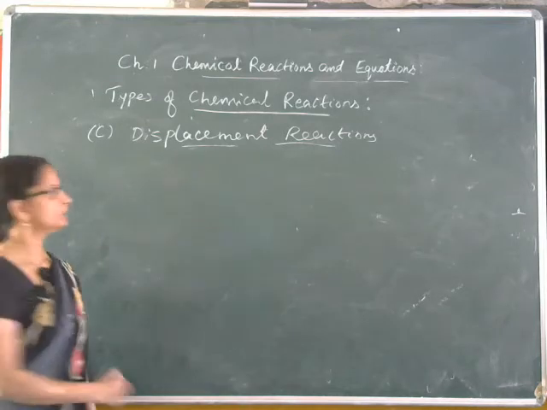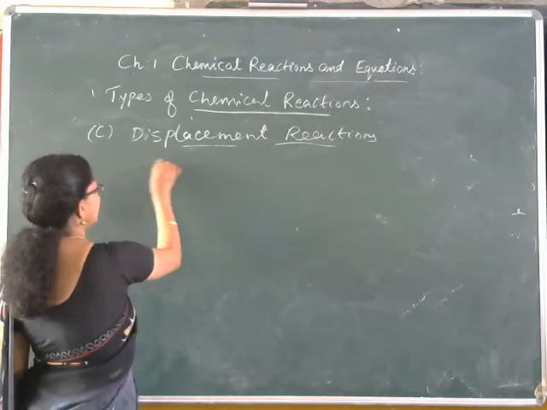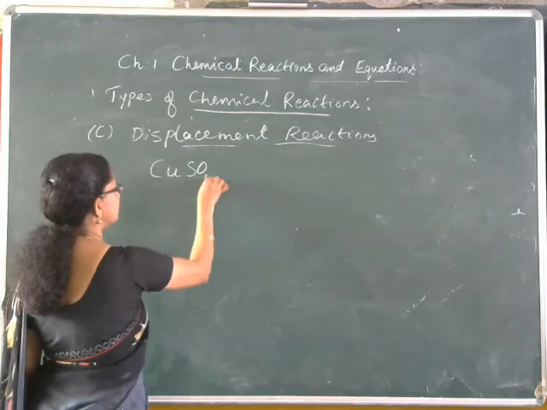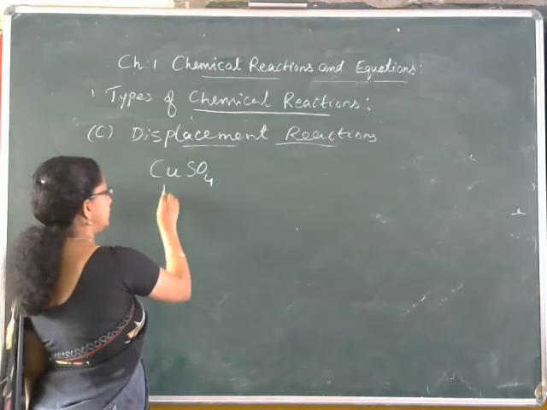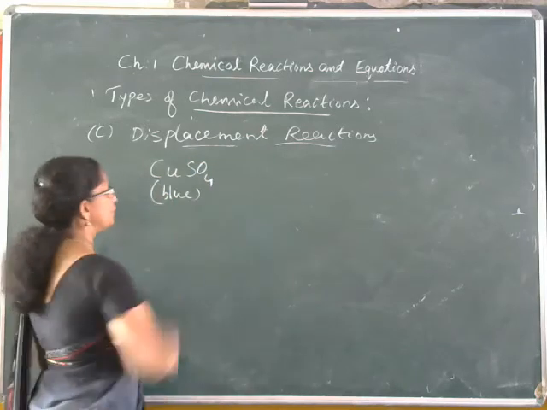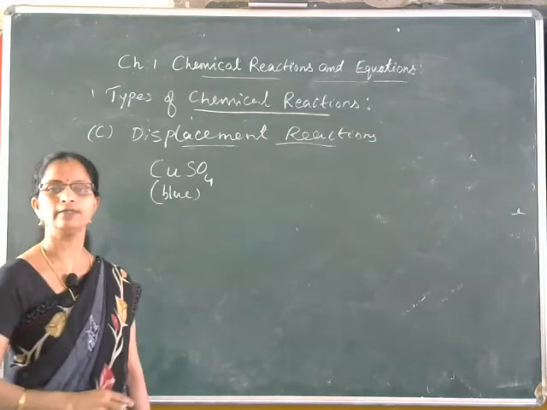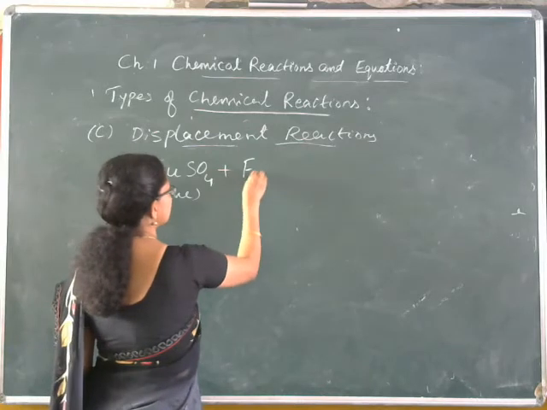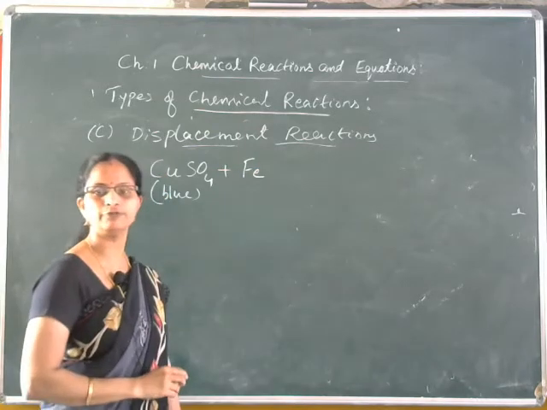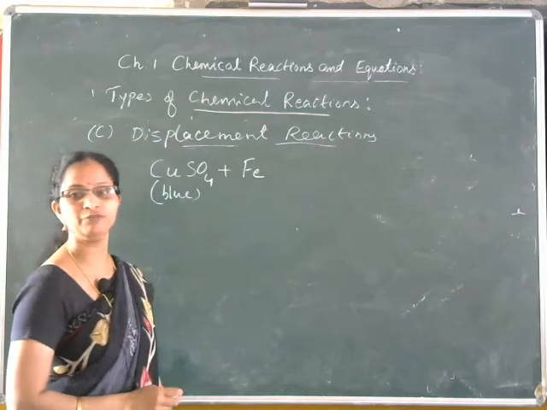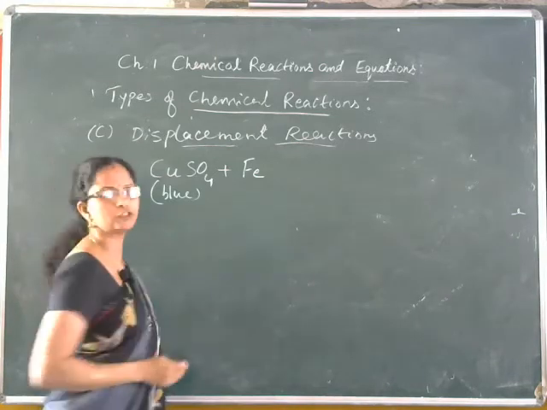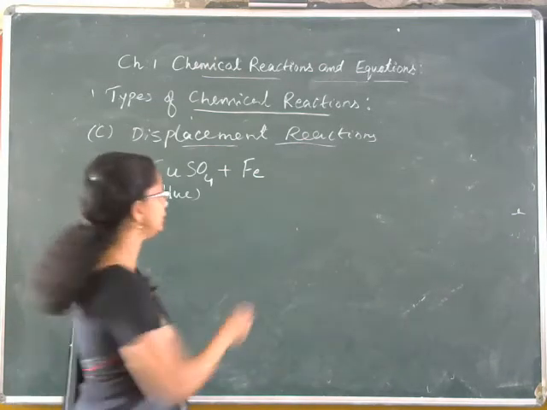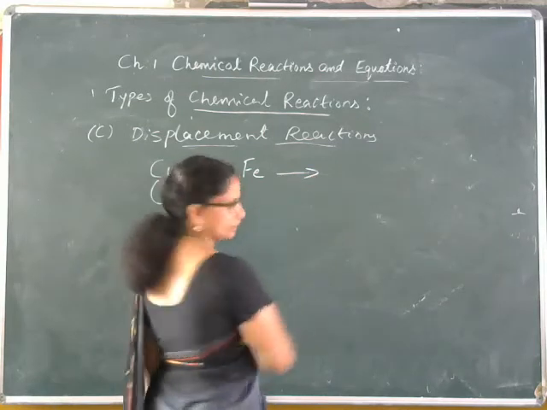Consider this example, copper sulfate. The color of copper sulfate is blue. Blue colored copper sulfate solution is taken in a test tube, and if we add a few iron nails to it, after some time we can see that the blue color of the solution changes into pale green color.